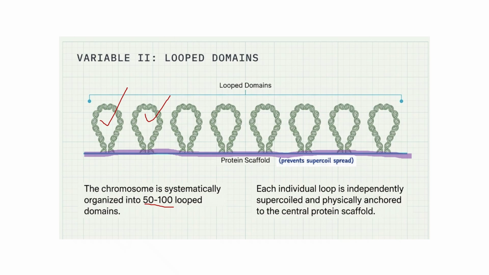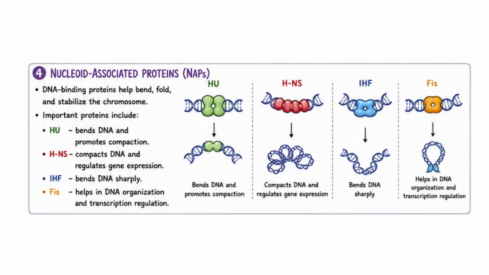Now, apart from this, some other proteins are also helping: the nucleoid-associated proteins. One is HU, which bends the DNA and promotes compaction. Second is H-NS, which compacts the DNA and regulates gene expression.